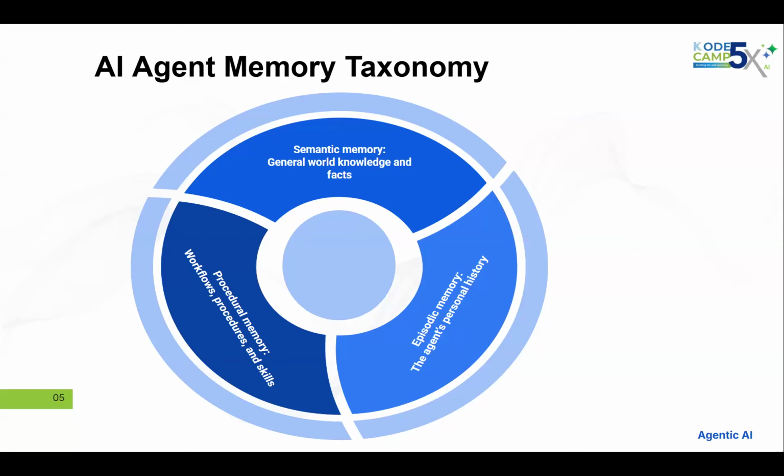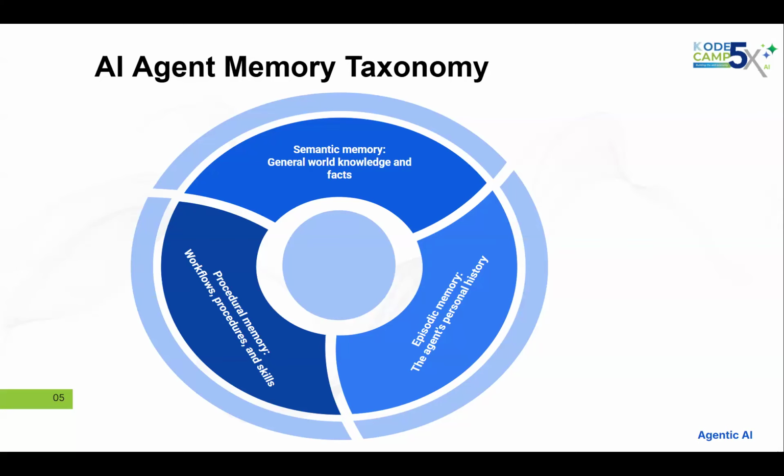Not necessarily. The episodic memory is just a record of what has transpired, not the LLM, but the agent. The agent's history, as the agent is executing, what has transpired.